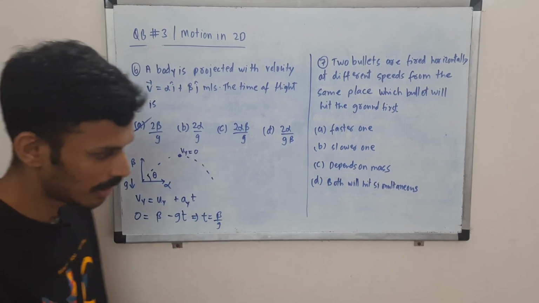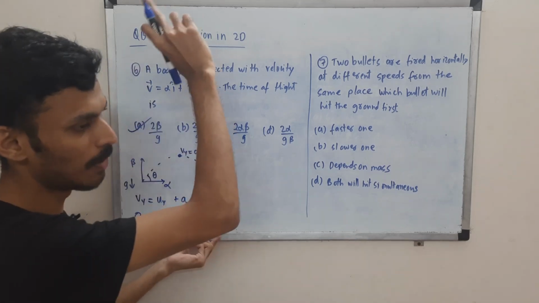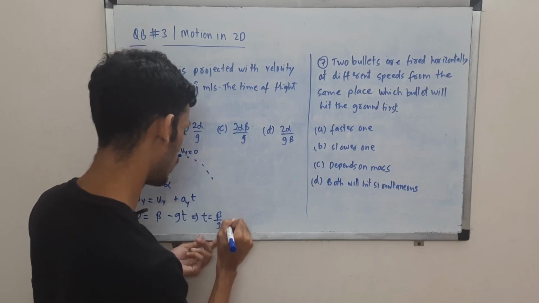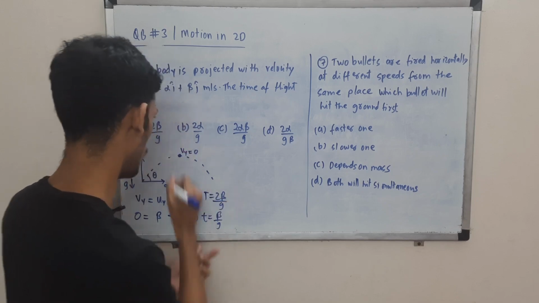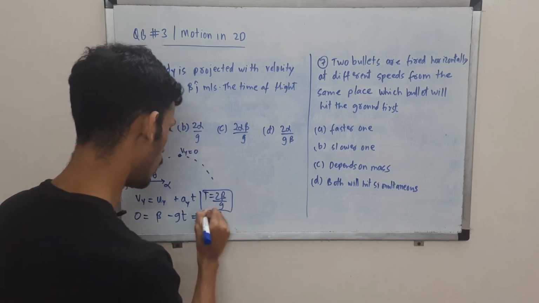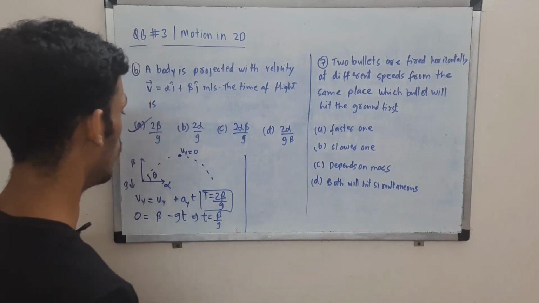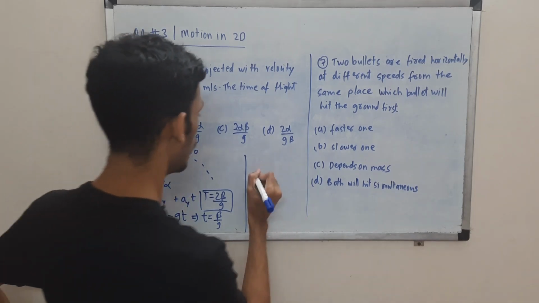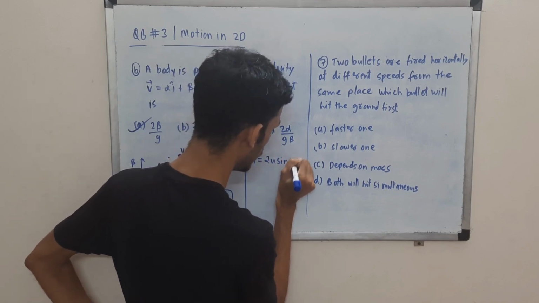Now the parabola is symmetric, right? So if this is the time to reach the maximum height, from maximum height to ground it will be 2 times of this. So the time of flight will be 2 beta by g, as I told you. If you don't remember how this time of flight is derived, or you directly remember the formula, the time of flight is 2u sine theta by g.